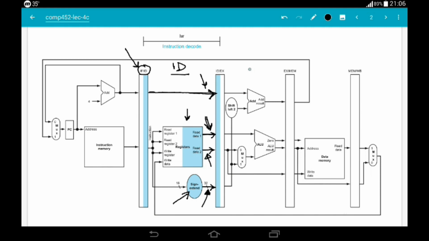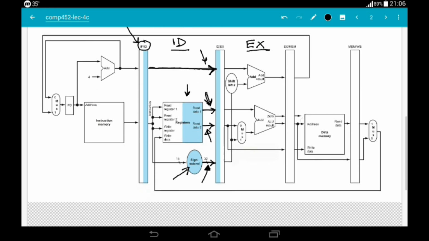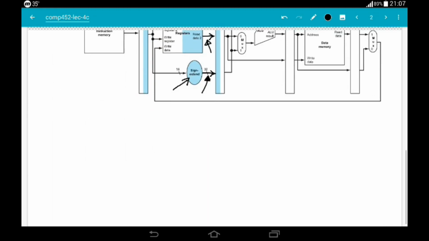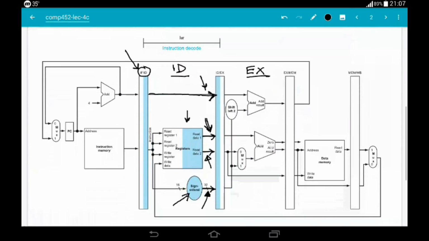So after the ID stage, the next stage is the EX stage, the execution stage, and in the next clock cycle, the load word instruction will go to this stage. And let's go to that stage, the EX stage.